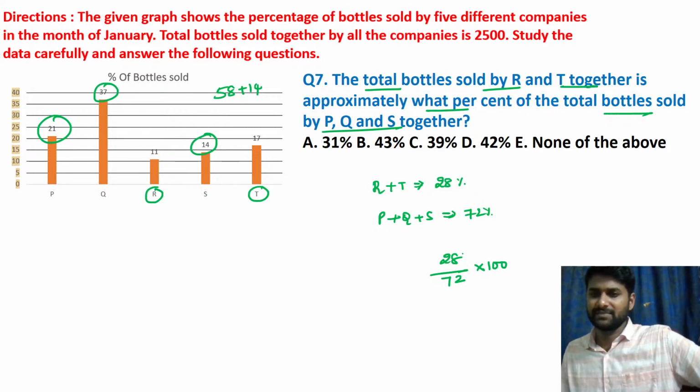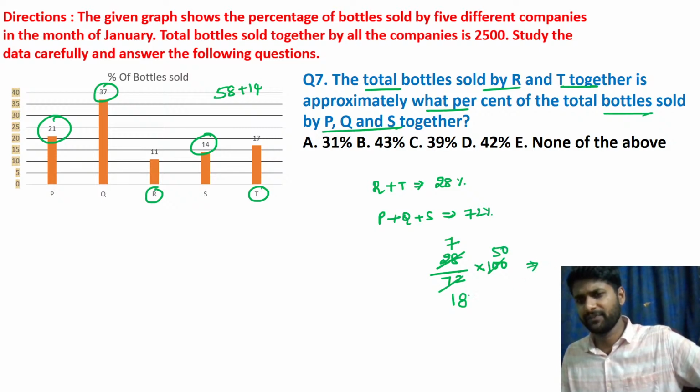Again, you have to find the approximate only. So you can cancel with the 4 table. 4 sevens are 28, 4 ones are 4, 4 eights are 32. And finally, you can take either approximation or you can cancel with the 50 times, 9 times. 350 divided by 9.